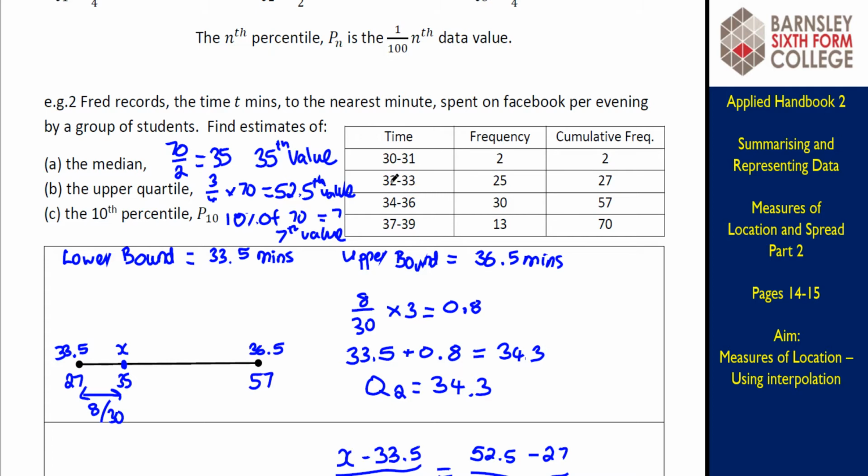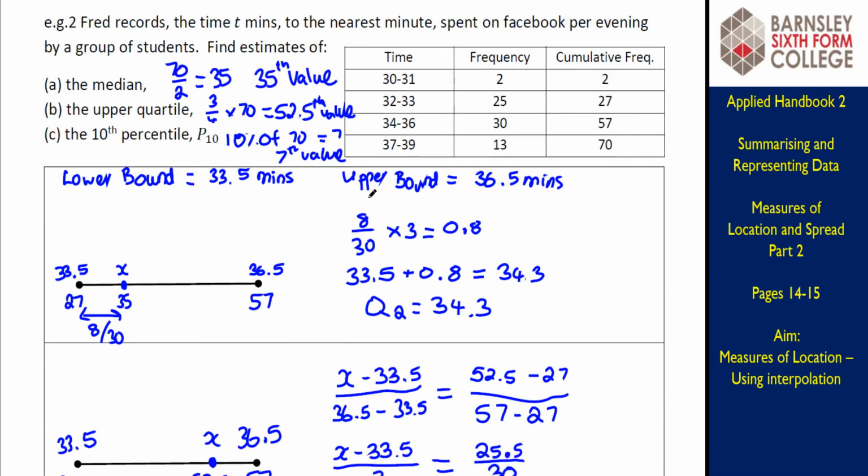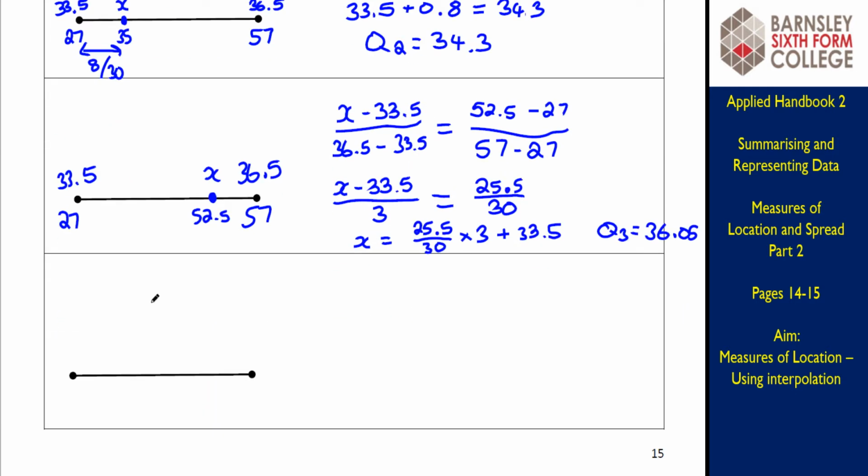It's not between 32 and 33. Remember, it's going to be between 31.5 and 33.5. So just make sure you've got your true upper and lower bounds here. And this takes you from the second value to the 27th value. So just make sure you've got your correct frequencies. And we are looking for the 7th value.